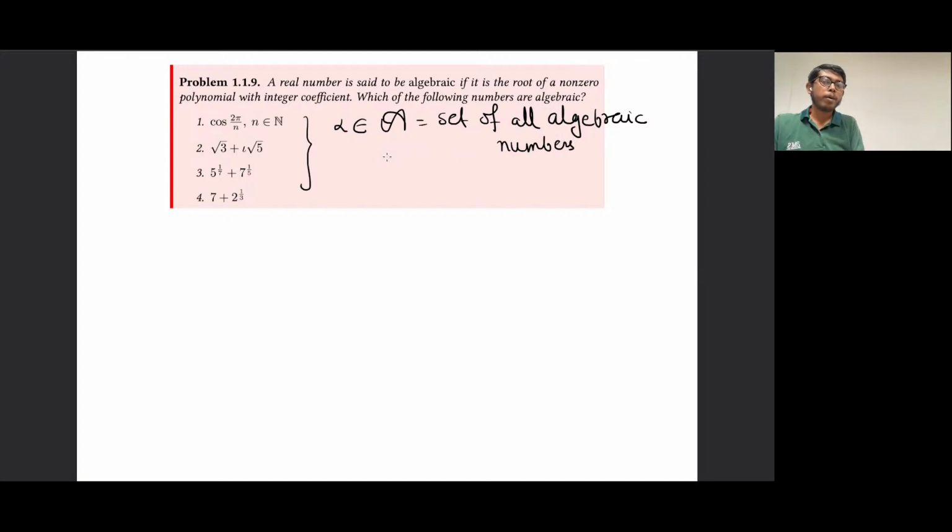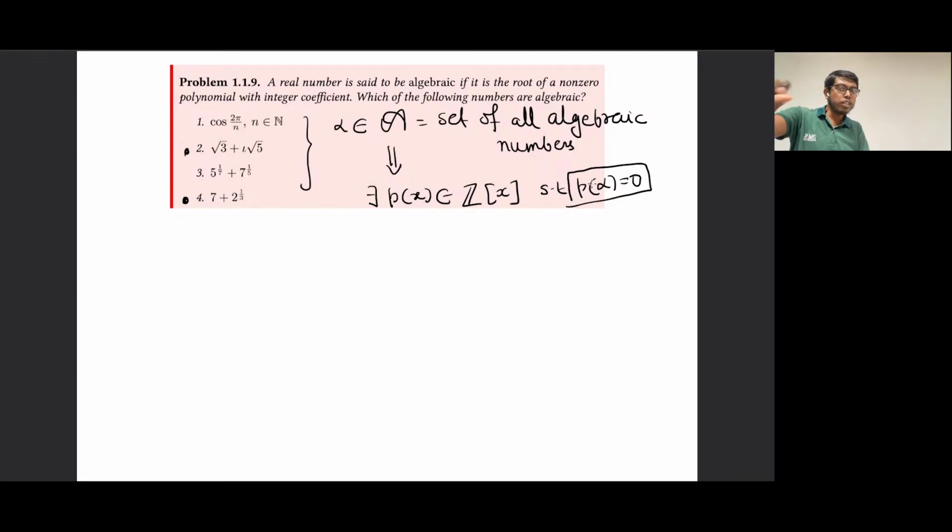Okay. So if alpha belongs to A, this means that I can find a polynomial P in Z[x], such that P of alpha equals 0. Okay, let's see options 2 and 4.